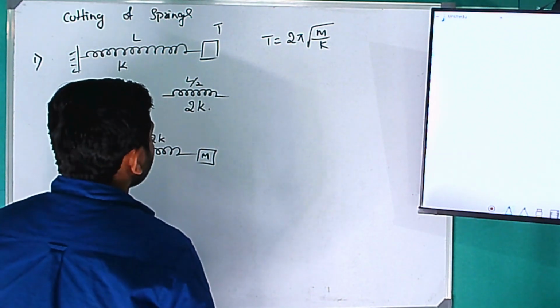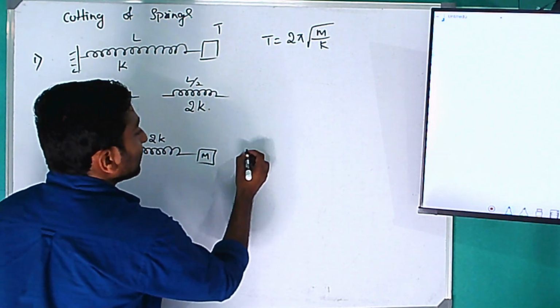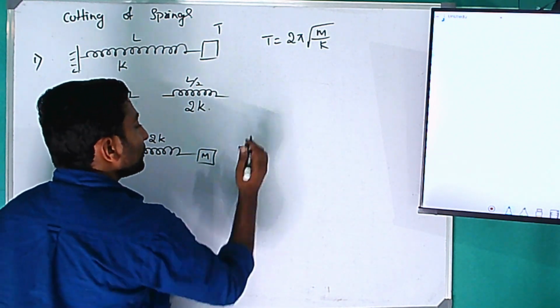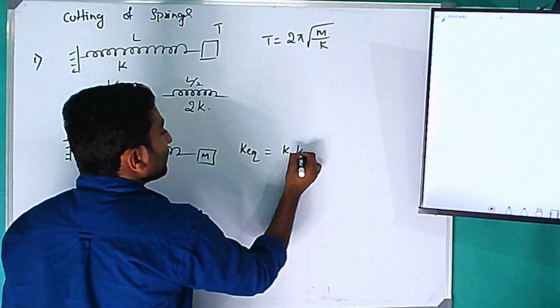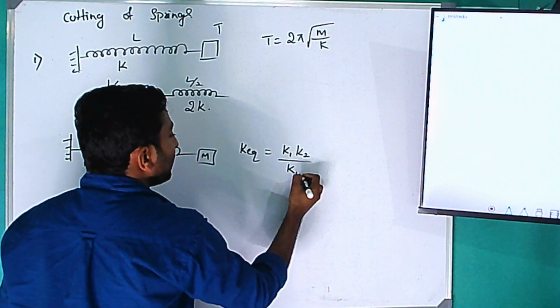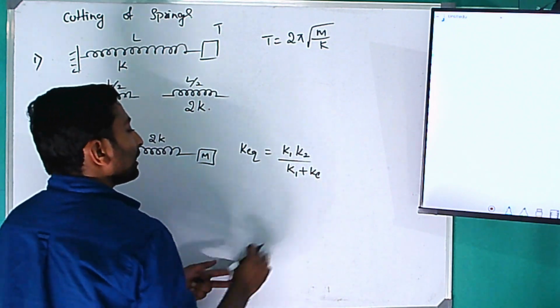So let us see. Now when the springs are connected in series, k equivalent is equal to k1 k2 divided by k1 plus k2.